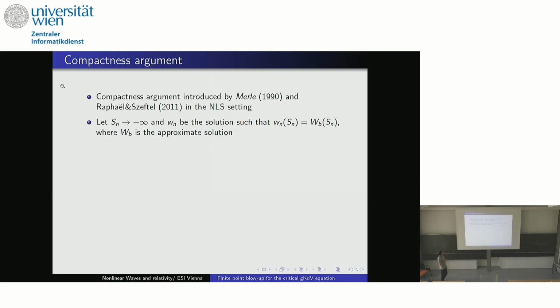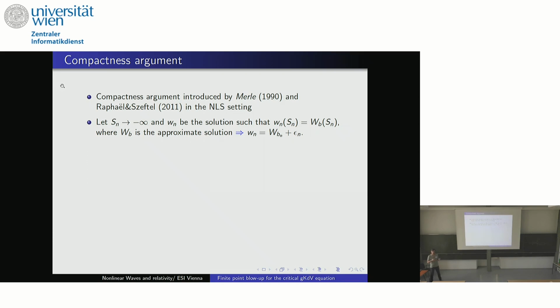So take a sequence of times going to the blow-up time. And then you consider the sequence of solutions which start at this sequence of times, which are very large, exactly like our approximate solution. So you can think that it is a very focused profile. So the idea is then to study the solution, Wn.